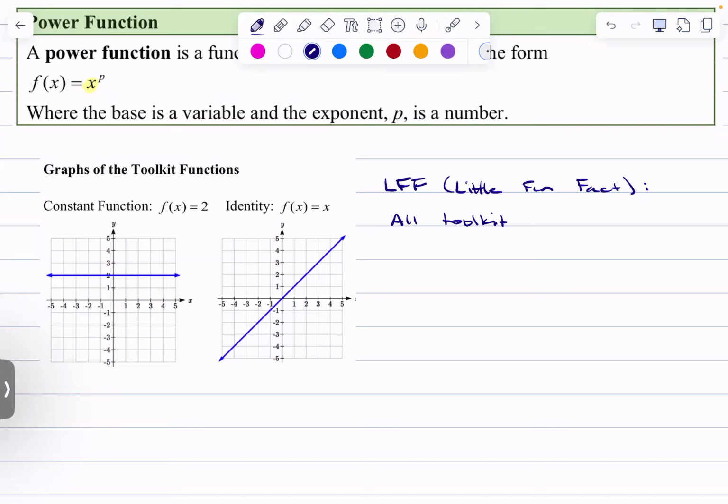Or at least we saw the benefit of understanding the absolute value function, for example, and maybe recognizing a parabola. And so as we move through, we'll recognize a couple more. And so all toolkit functions are power functions.